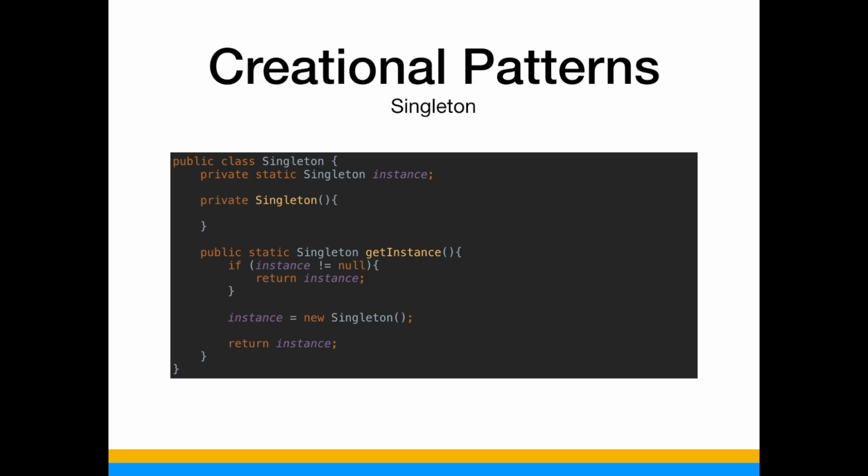So in this case, we're using a static instance as a class member called instance for a singleton. We privatize the constructor to prevent somebody else from calling it, and then we create a method that is static and returns a singleton, which is called getInstance. If the instance has not been created, then it creates a new instance. Otherwise, it returns the instance that it's already created.